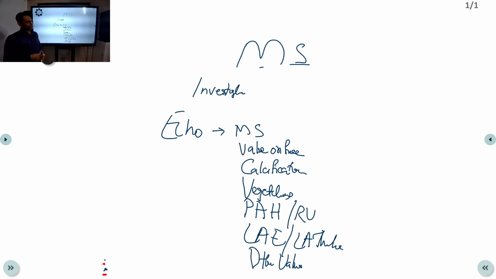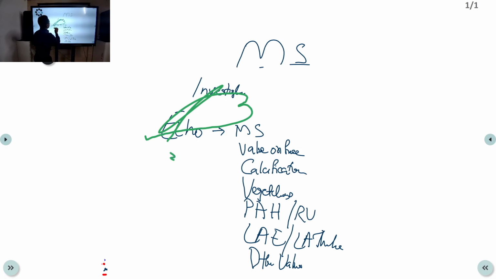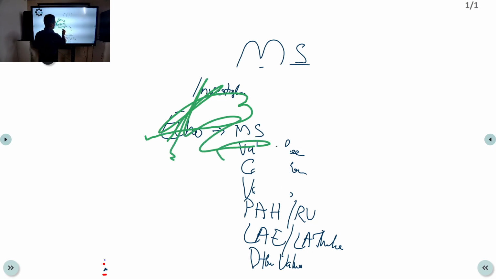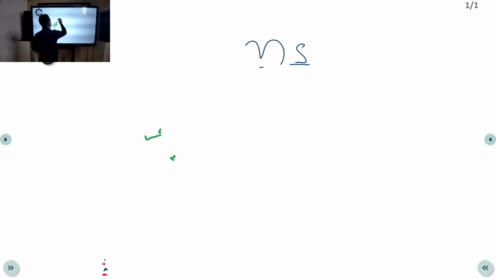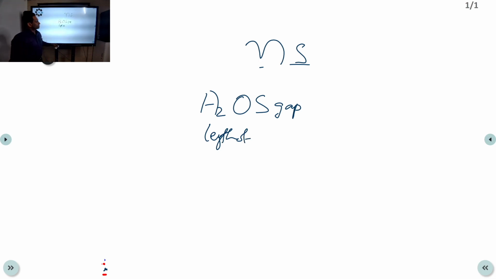Now, two features of severity of MS: one is the A2-OS gap and the other is the length of the murmur. Understood? So the length of the murmur keeps increasing and the A2-OS gap keeps shortening in a patient with severe MS.